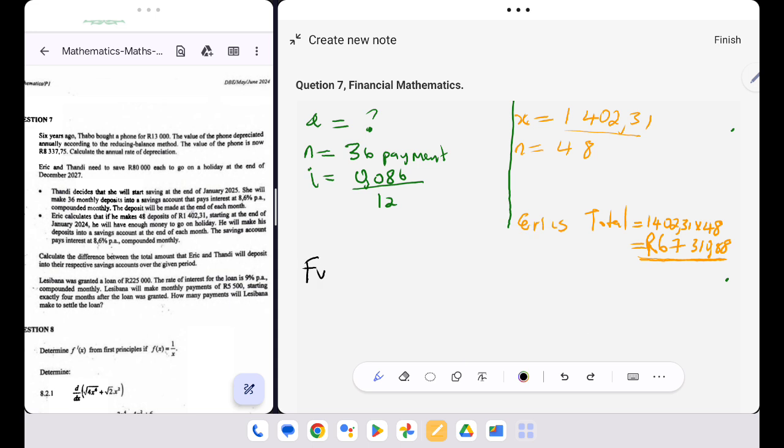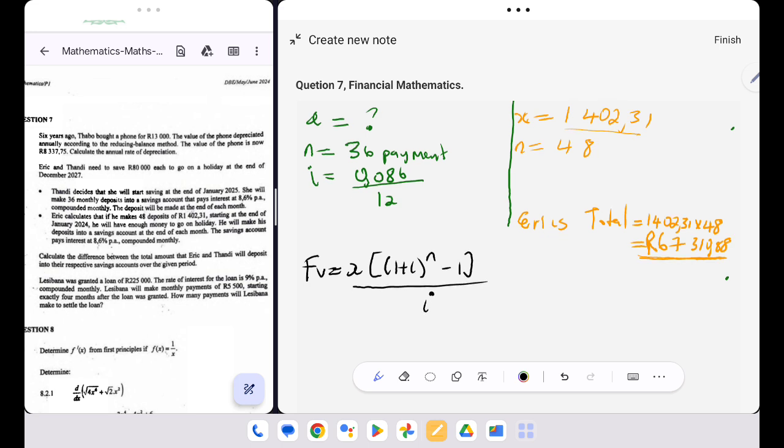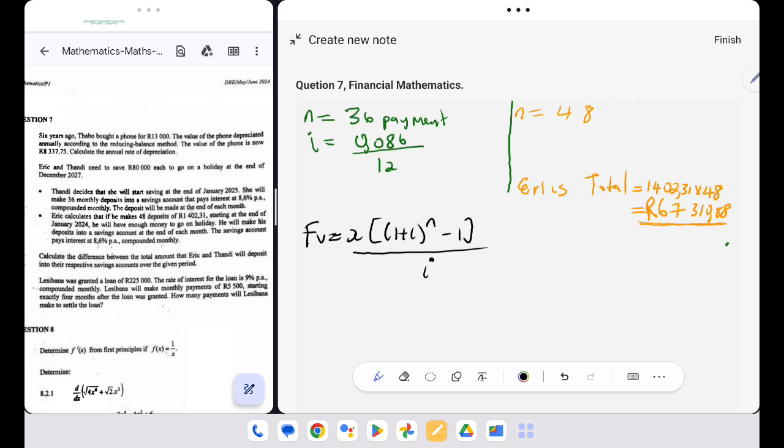I'm using future value because Tandy doesn't have this money now. She wants to save and have that money in future. So 80,000 is our goal. It's not what we have now.